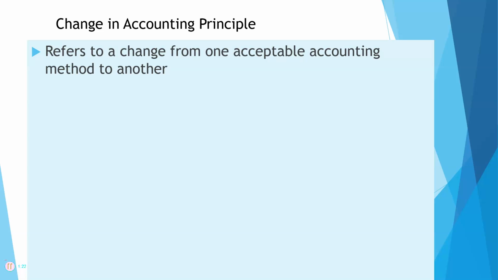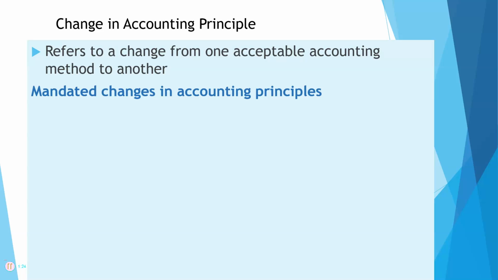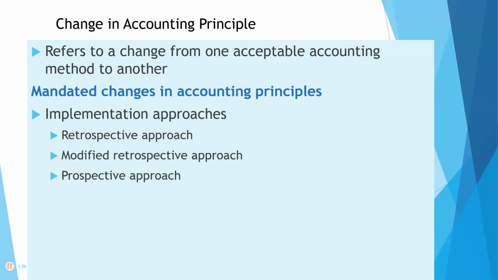Well, we can have mandated changes in accounting principles. Normally these are treated retrospectively, but sometimes that's not possible, so we do a modified retrospective approach, or we only look forward. The modified retrospective approach is we only change beginning retained earnings.